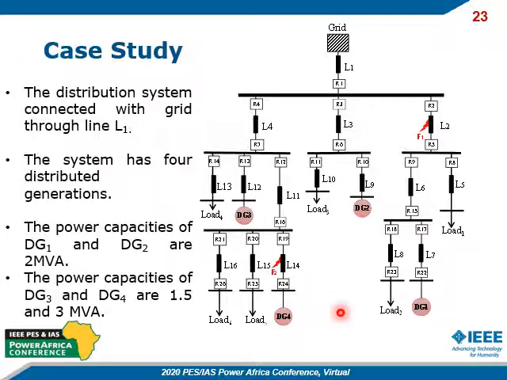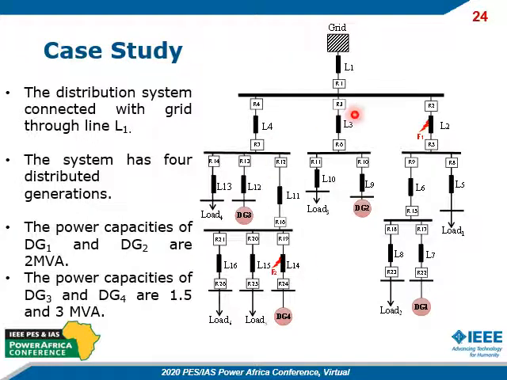The capacity of DG1 and DG2 is 2 MVA, the capacity of DG3 is 1.5 MVA, and finally the capacity of DG4 is 3 MVA.